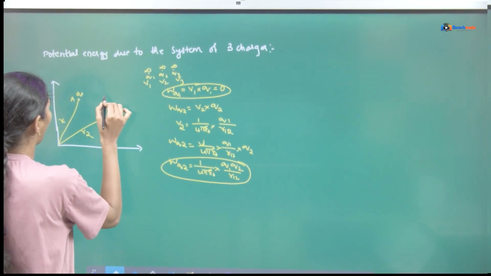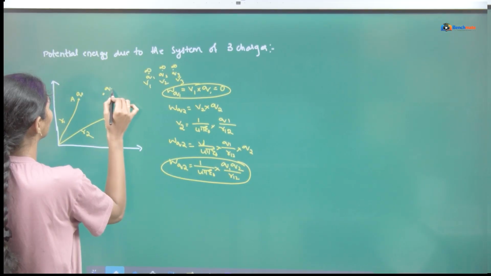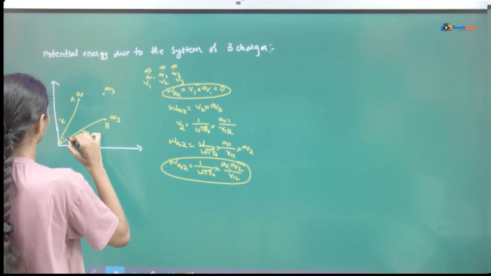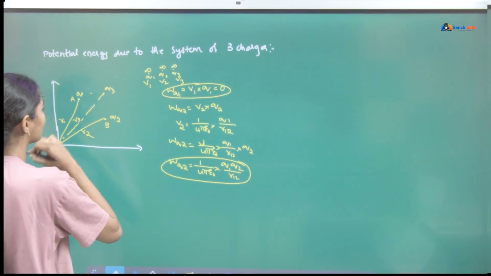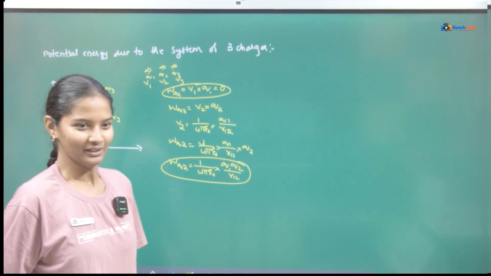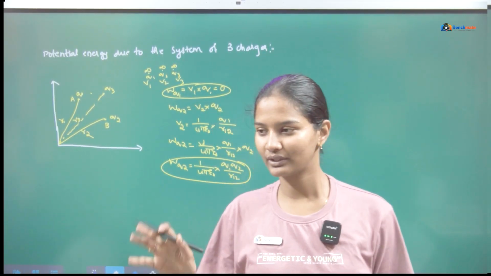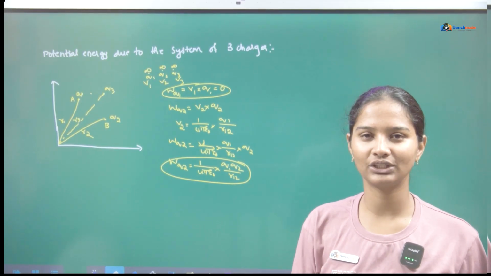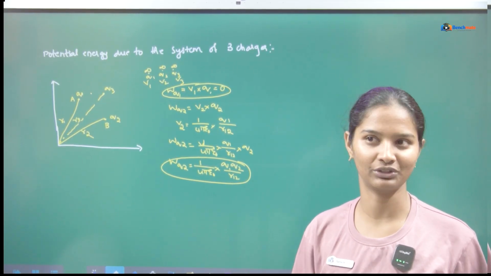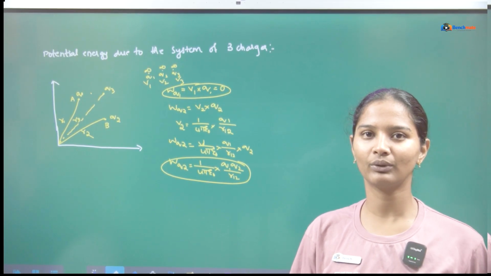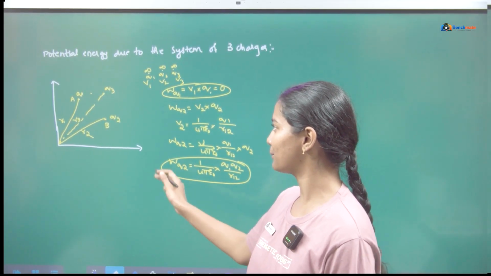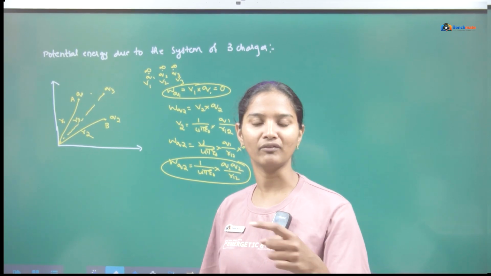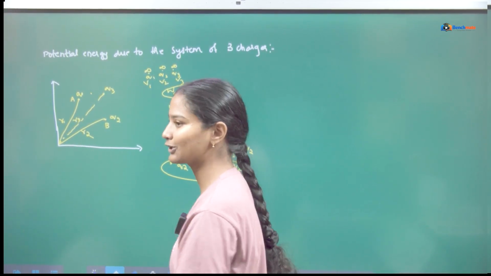Now I want to bring Q3 charge, which is at a distance of R3 from the origin. Now, Q3 is going to experience opposition or not? That is the question. 100% it will get opposition. How much opposition? Whenever I am bringing Q2, there is only one opposition for Q2, that is Q1.